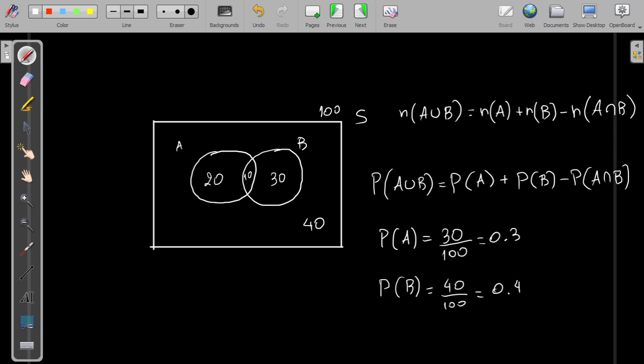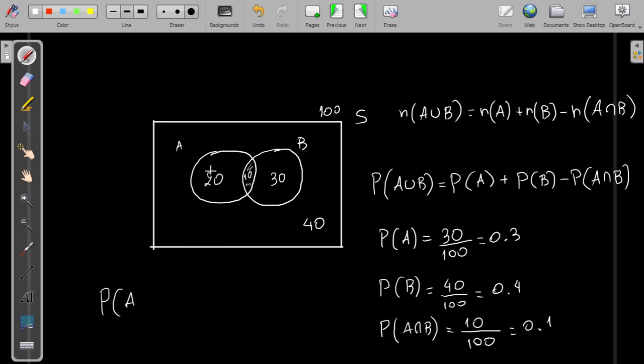And now the probability of the intersection, which is this part here, how much is it? A intersection B is 10 over 100, which is 0.1.